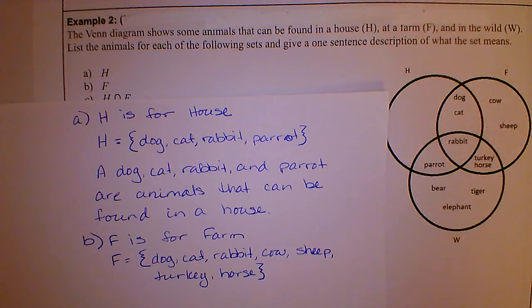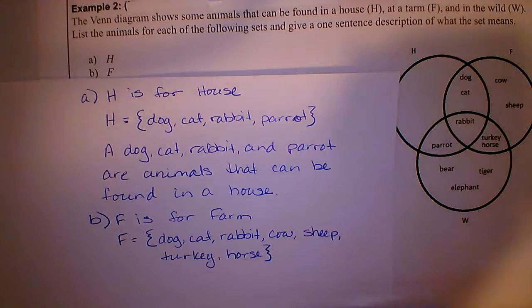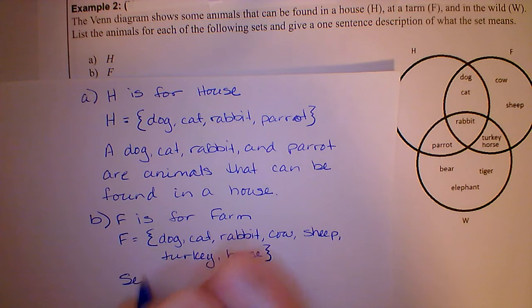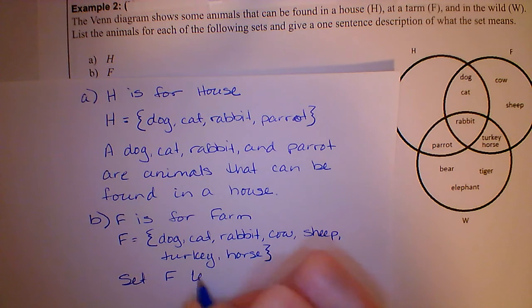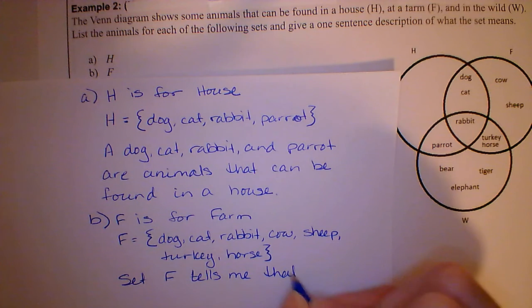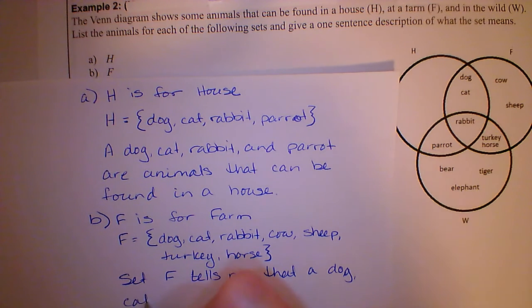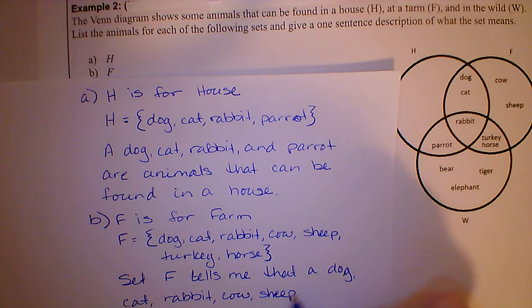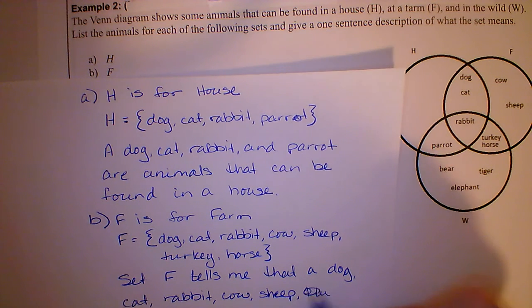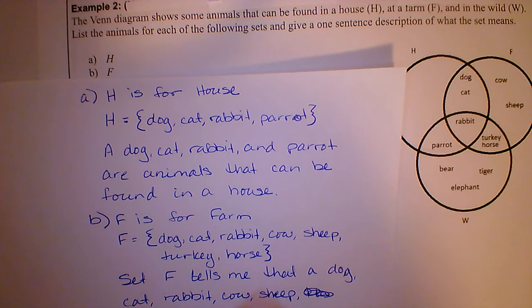Okay, so what this tells me is that set F tells me that a dog, cat, rabbit, cow, sheep, turkey, and horse can be found on a farm.